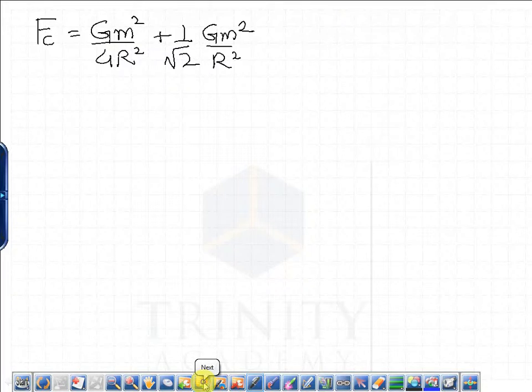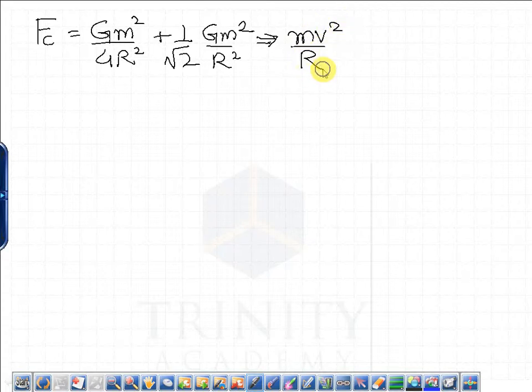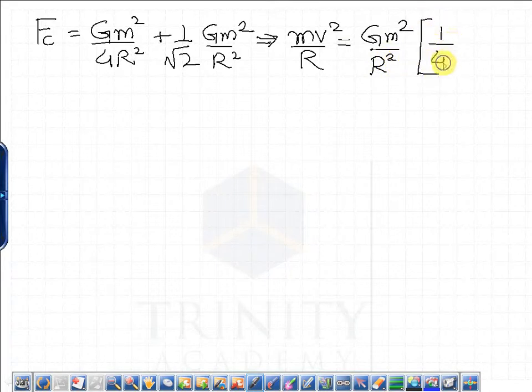Now centripetal force can be written as mv square by r. That must be equal to Gm square by r square. We can take it as a common term, and in the bracket we can write 1 by 4 plus 1 by root 2. So that can also be written like this.